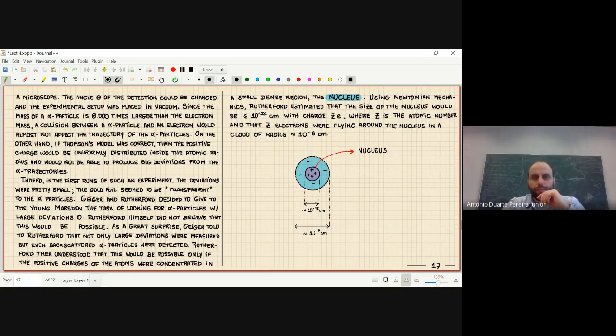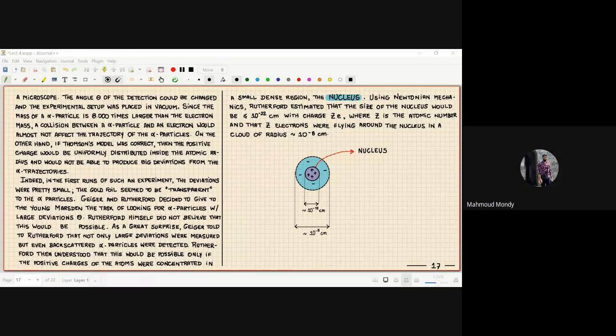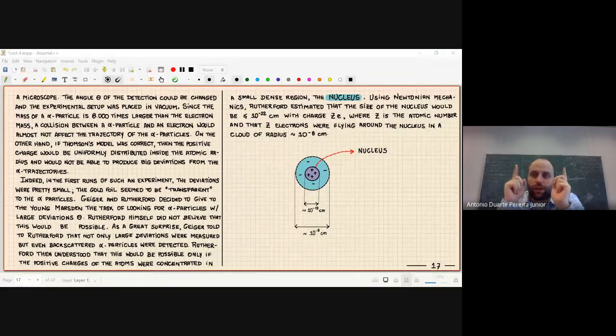Are there questions? Please, the backscattering of alpha particles, is this because of the heavy dense positive charge or because of the positive charge itself? No, you see that it's not enough to have just positive charge, because in the Thomson model you also have positive charges.